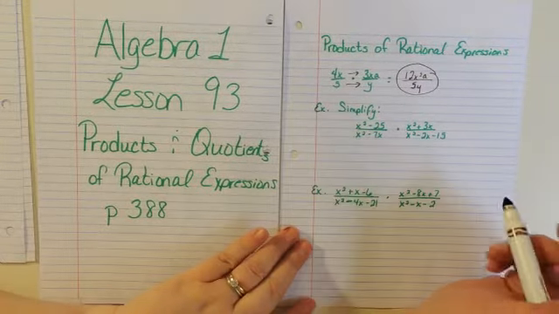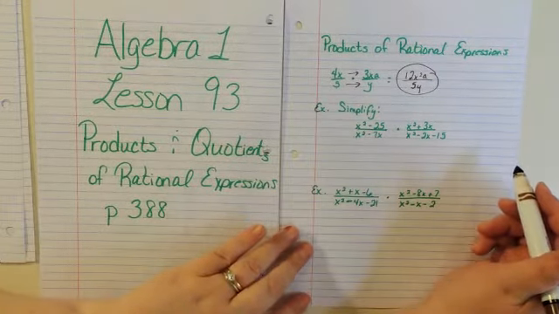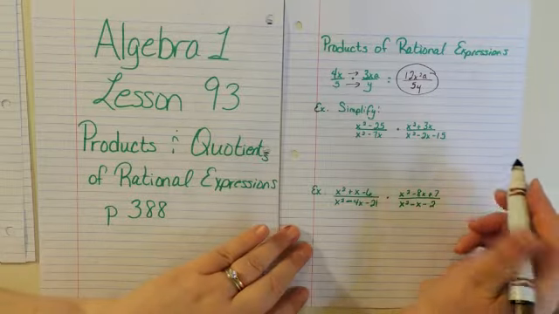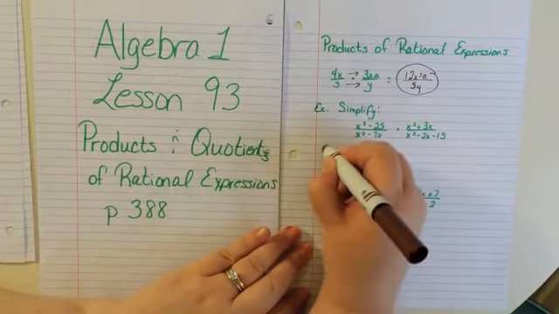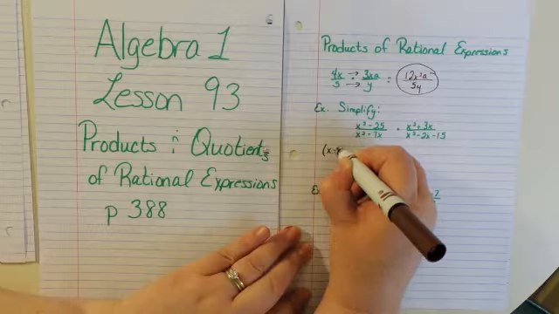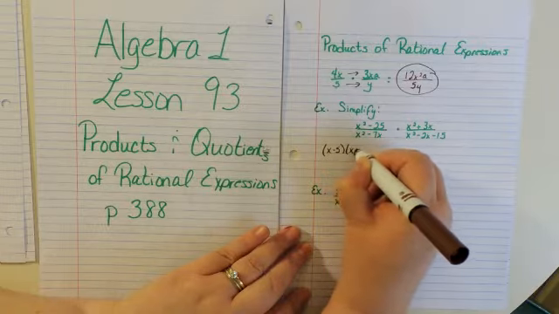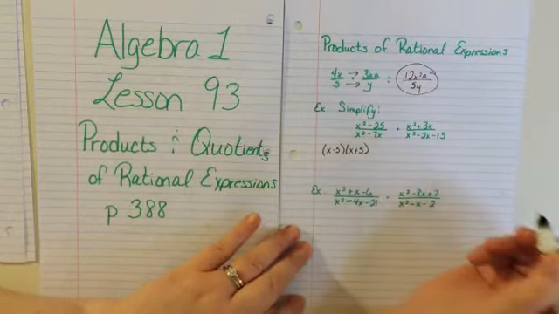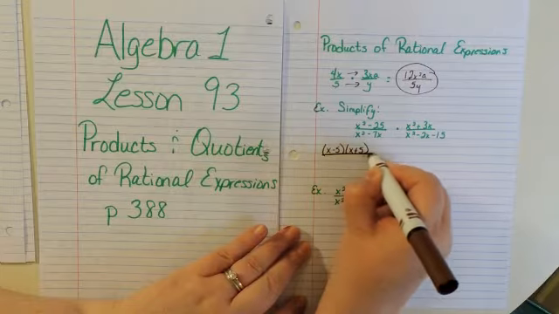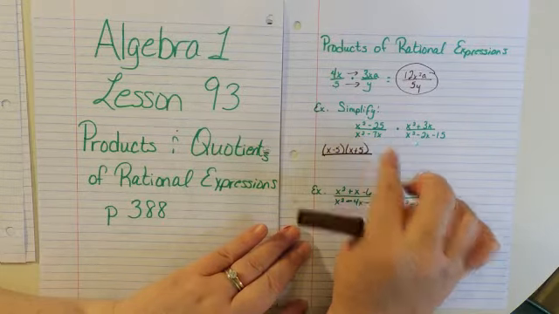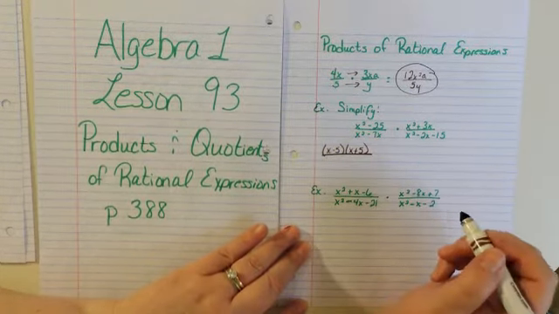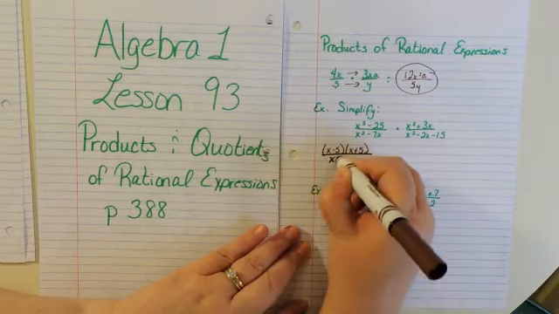x squared minus 25 is a difference of two squares. So we can factor that into x minus 5 times x plus 5, right? And that is over x squared minus 7x. And there we can factor out an x.